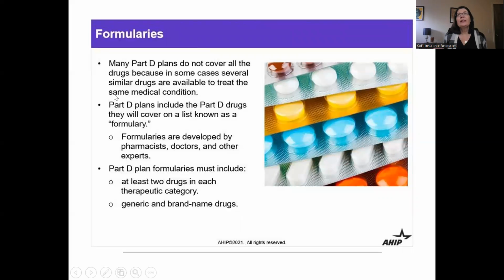So formularies. The process for determining what drug plan is best for someone is, we get their drug list. What I always advise telling a client is, I'm going to send you this form. I need you to give me your doctors. That would be for if we're looking for a Medicare Advantage plan, but there's also a spot for their drugs, and we want drug name, dosage, and frequency.